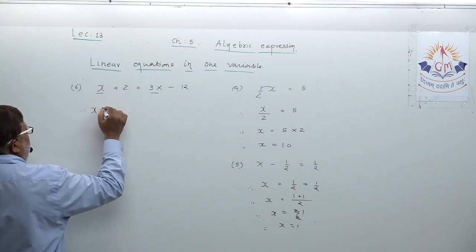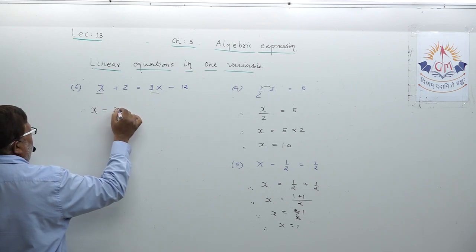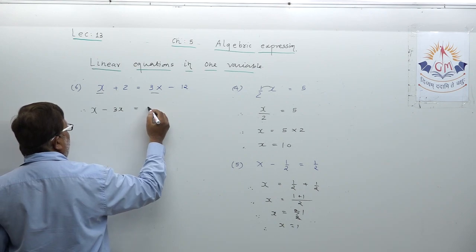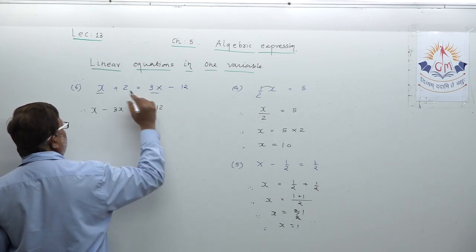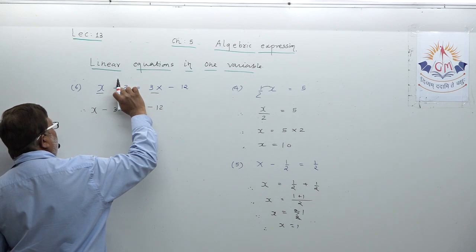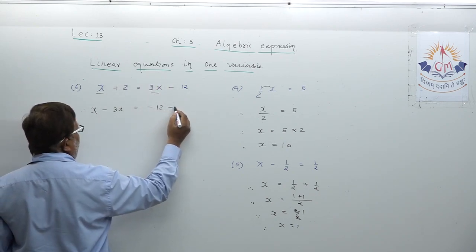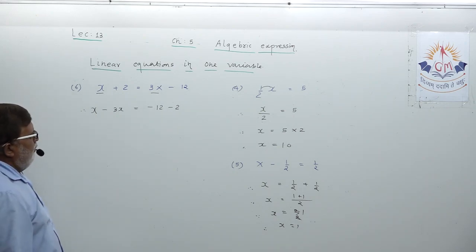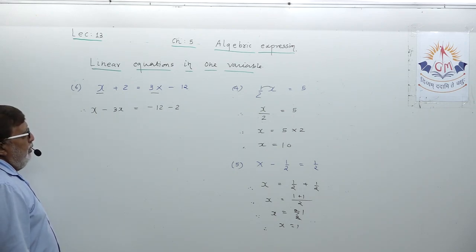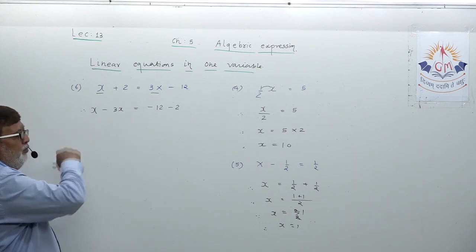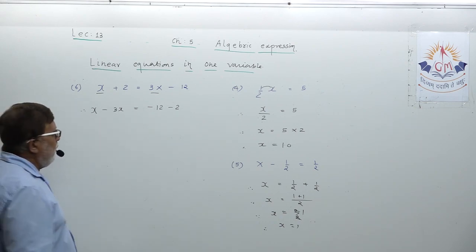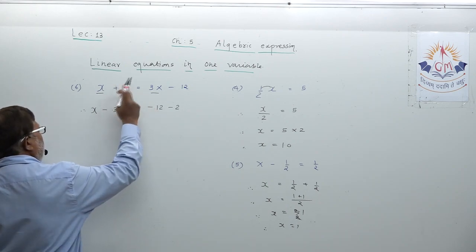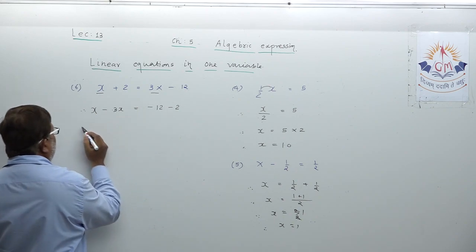Transfer 3x on this side, x minus 3x equals to minus 12 as it is. Transfer 2 on the right side with sign change. Sign change, you know very well. I have kept x as it is because it was on the left hand side. I have transferred 3x on this side and 2 on that side.